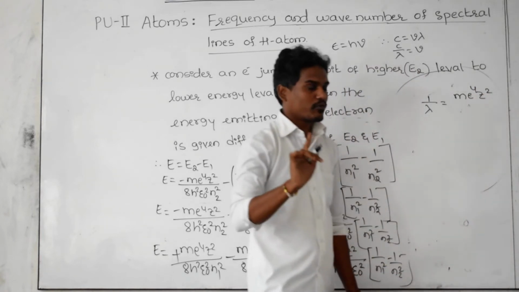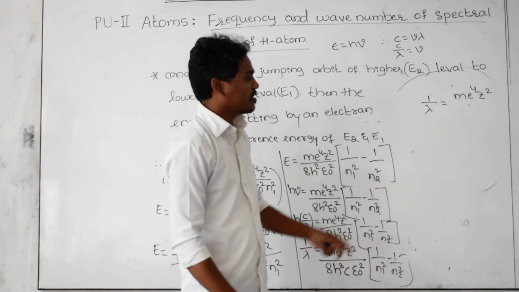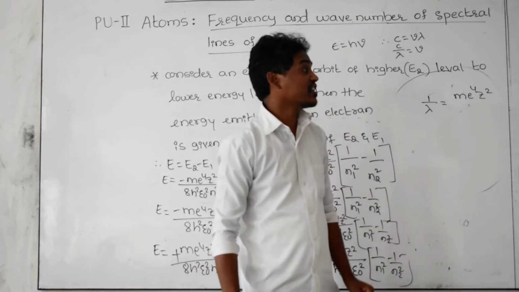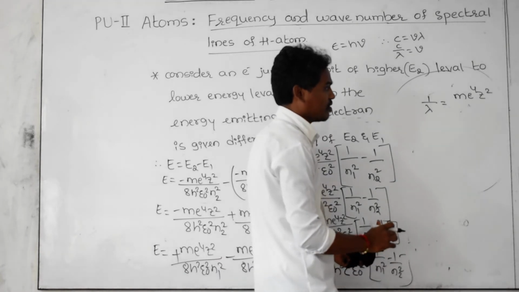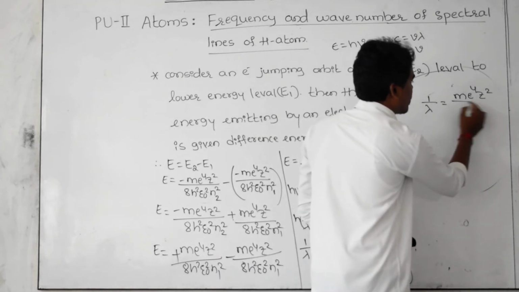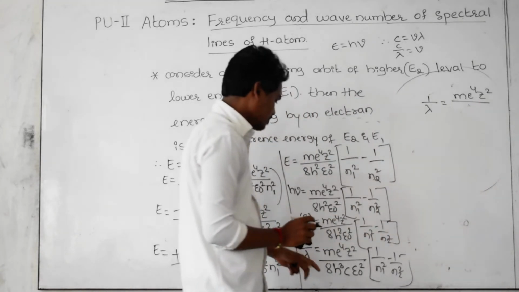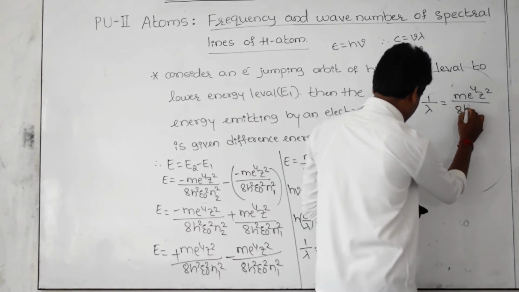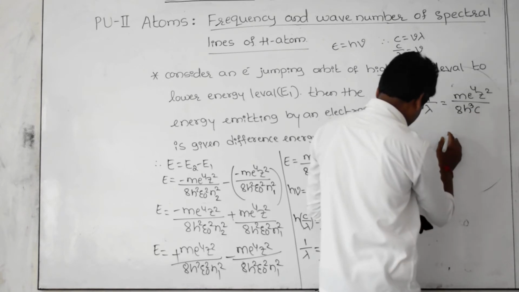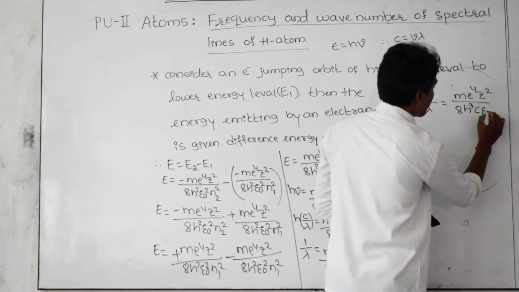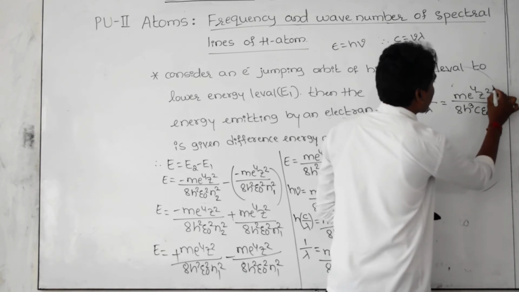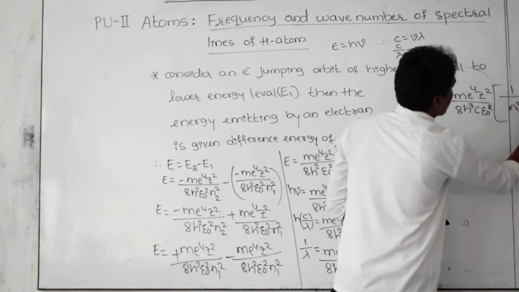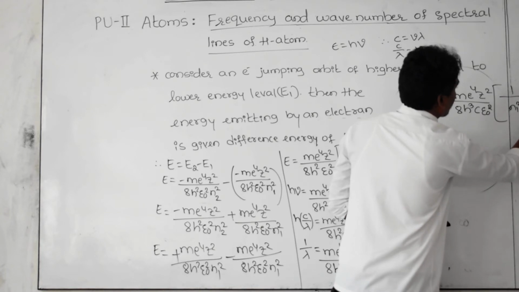Don't substitute z value equal to 1, because if you substitute z equal to 1, immediately the equation is considered as per the hydrogen atom, but I am not considering the hydrogen atom now. That's why substitute as it is 8 h cube, speed of light into electric permittivity square, remaining equation 1 by n1 square minus 1 by n2 square.